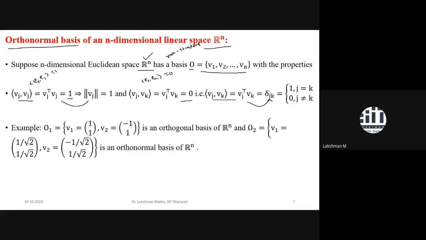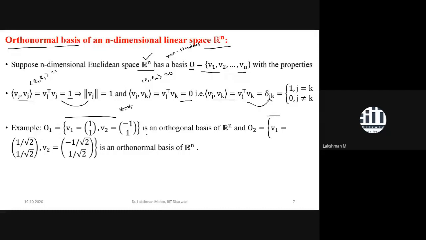I will take a few examples here. One simple example: this one, O1, is an orthogonal basis, but O2 is orthonormal, because the norm of the basis elements of O1 would be root 2, but if you see in O2, the norm of V1 would be 1 and the norm of V2 would be 1 again.